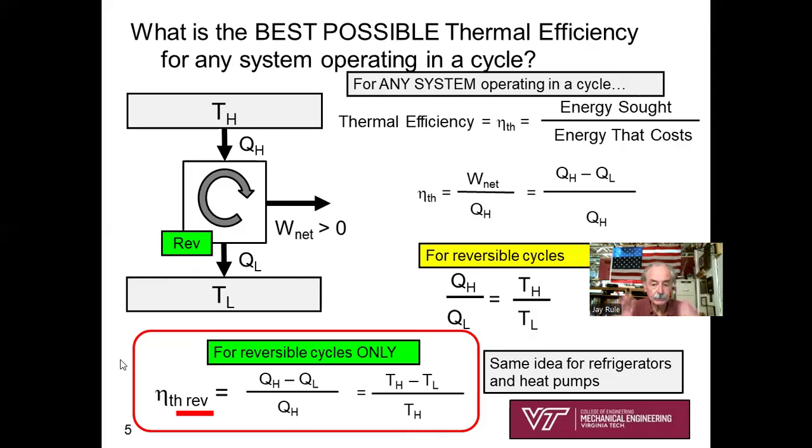And so this also drives that you must operate between a hot and a colder temperature. You must do that to be able to operate in a cycle. That's a statement of the second law, okay? You can't transfer all the heat directly into work. And as long as you know what the two temperatures are, there is an upper limit by the second law of the maximum thermal efficiency you can possibly achieve.